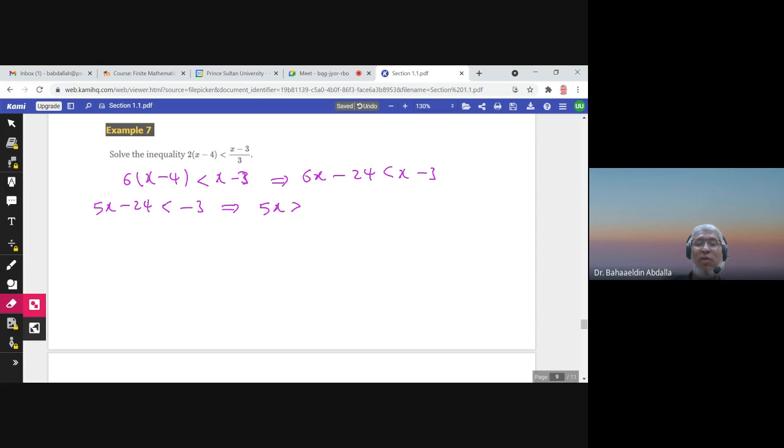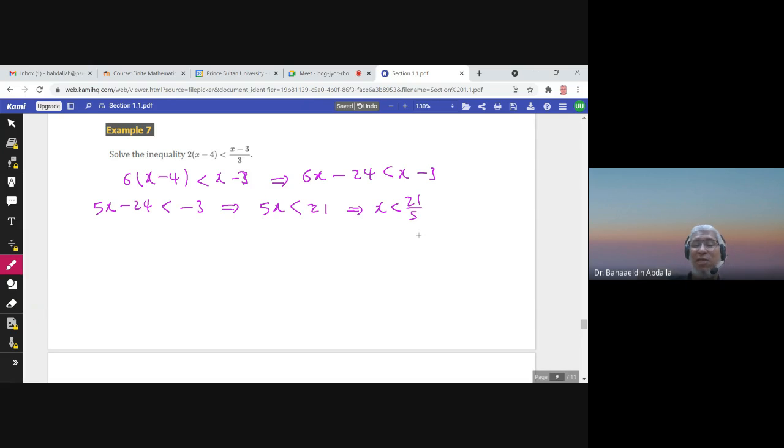So it would be 5x less than -3 plus 24, that's 21. Now divide by 5, so x is less than 21/5. 5 is positive, so there is no problem.